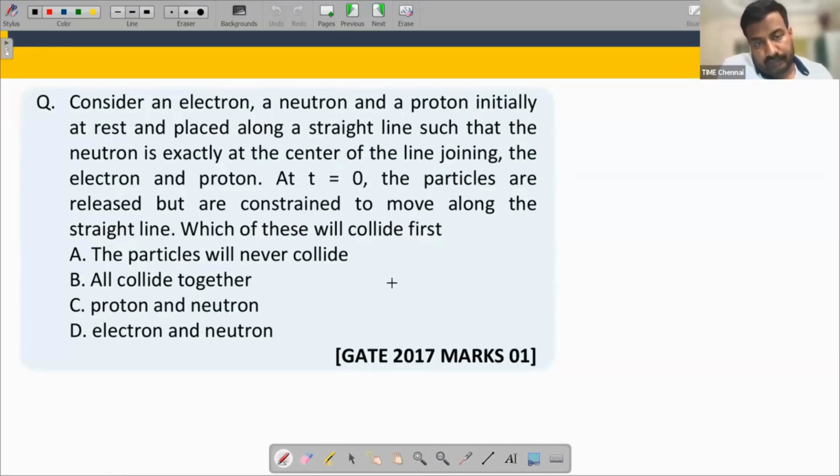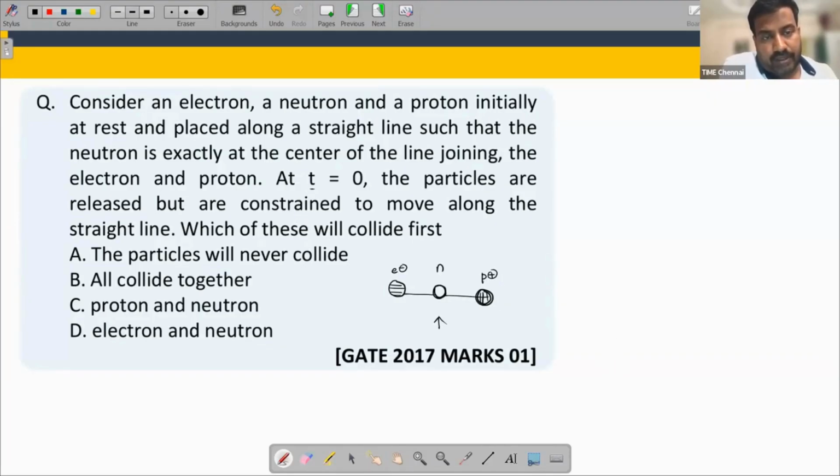Consider an electron, a neutron, and a proton initially at rest and placed along a straight line such that the neutron is exactly at the center of the line joining electron and proton.